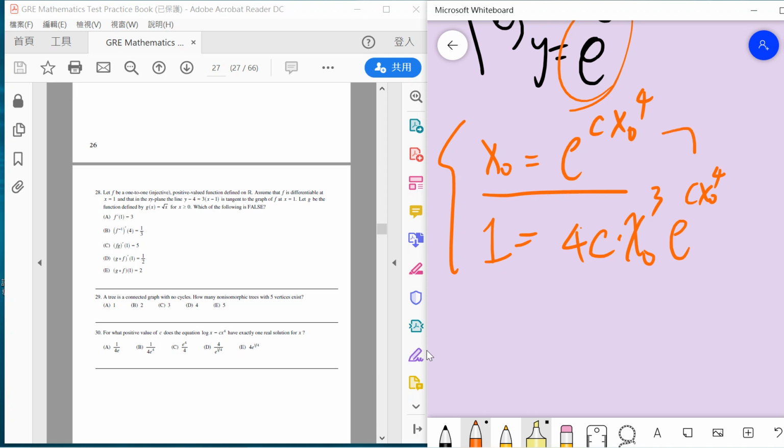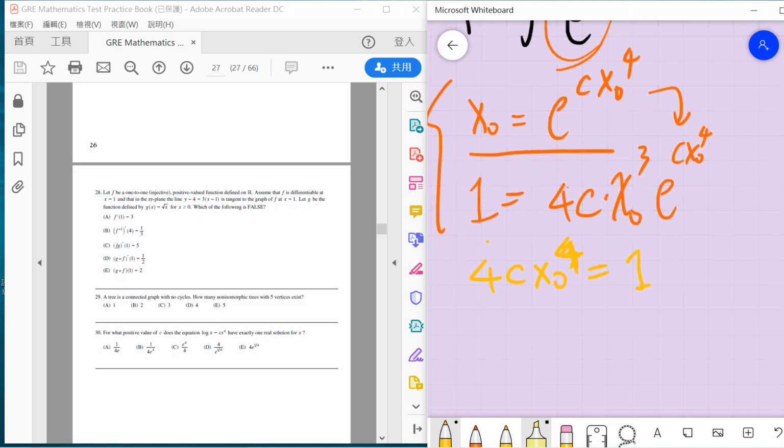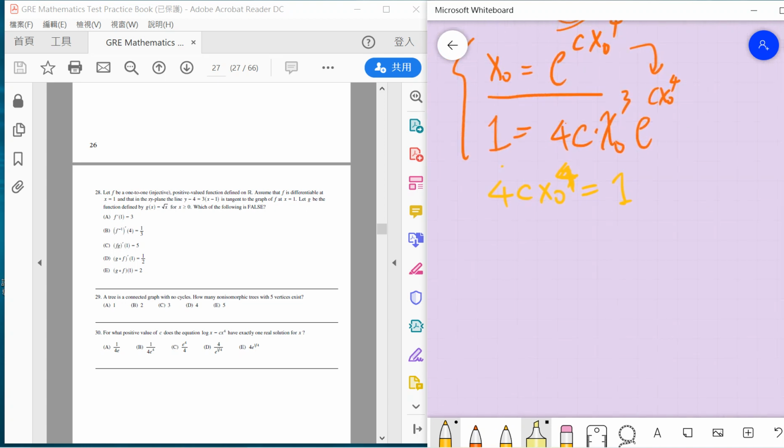So if I plug this into this, I get 4c x0 to the 4th to be 1. So c is equal to 1 over 4 times x0 to the 4th.